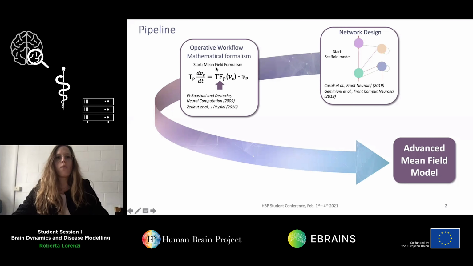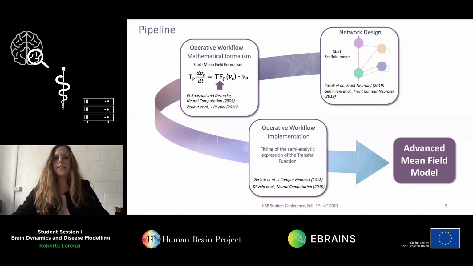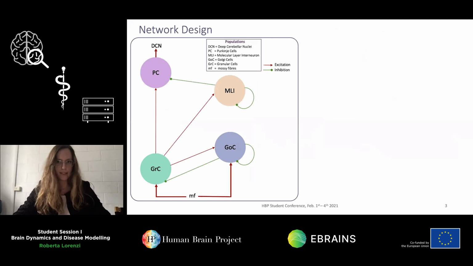The core of our mean field is the transfer function, which has the role to translate the input for each population into an output. We implement this pipeline in Python 3, and we compute a semi-analytical form of the transfer function by a double-step parameter fitting. Let's have a look at our network design.